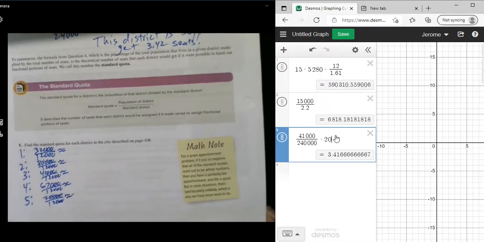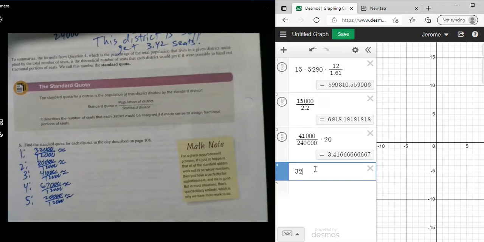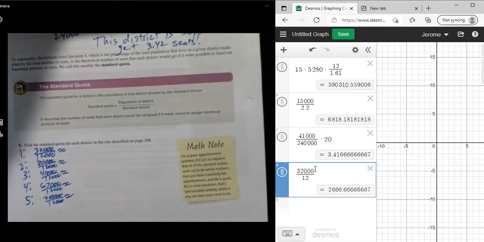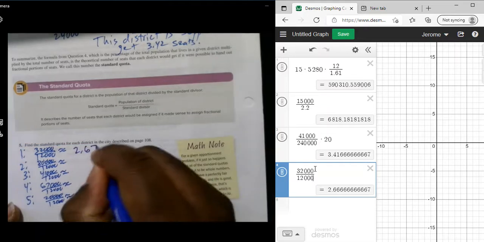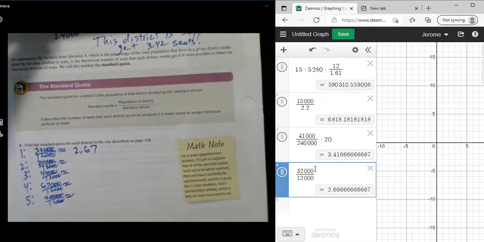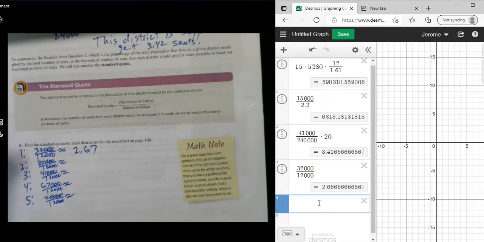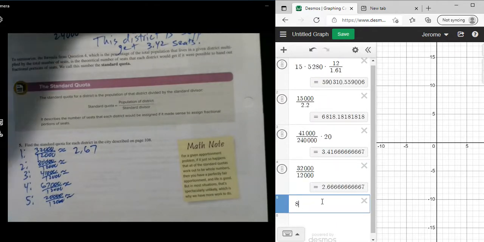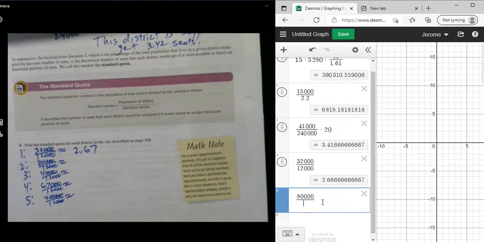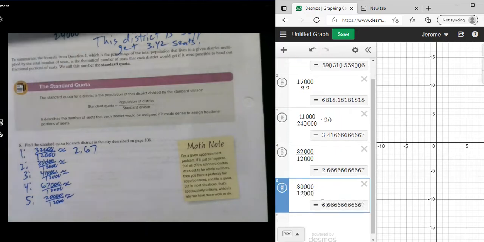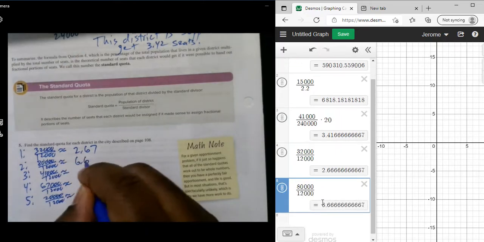Okay, so now we will put all these in the calculator. So we have 32,000 divided by 12,000, which would give us approximately 2.67. And then we would do 80,000 divided by 12,000, which would be 6.67.